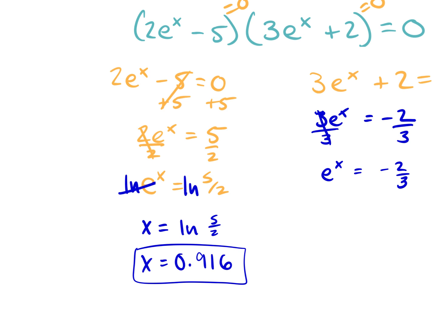What do we do next? You put the ln. We're going to take the ln of both sides. So it cancels. So x equals the ln of negative 2/3. But then we don't get an answer because we can't take the ln of a negative. So this would be no solution, and the first one would be our answer.